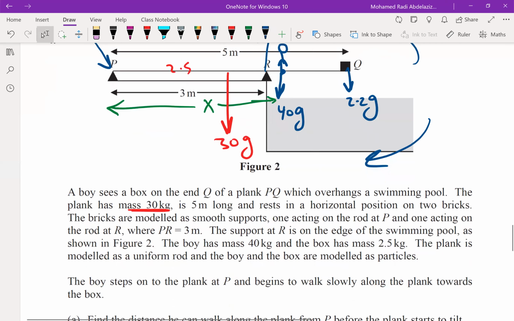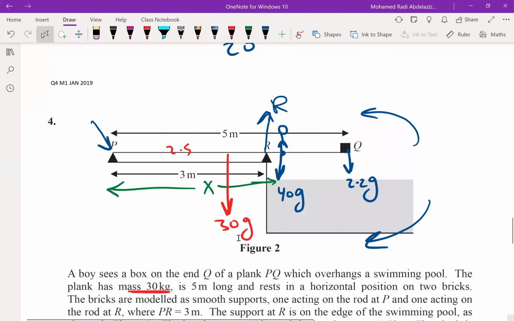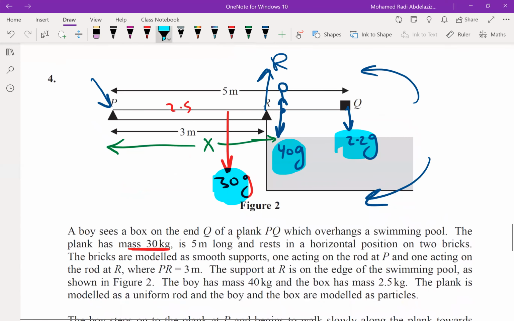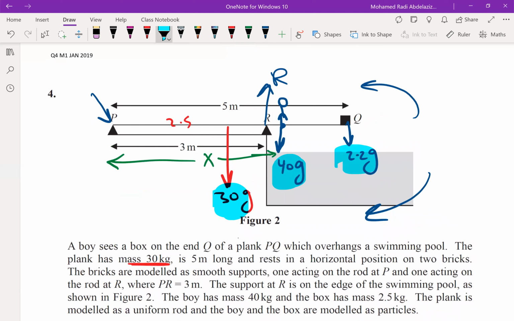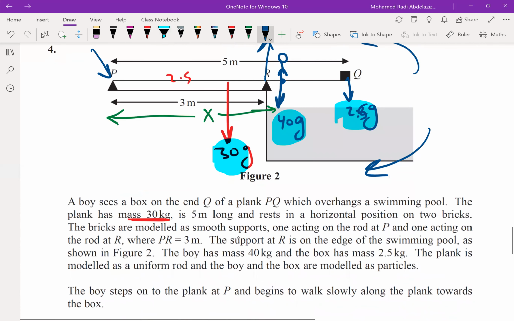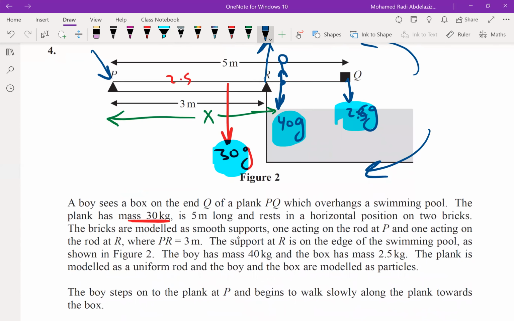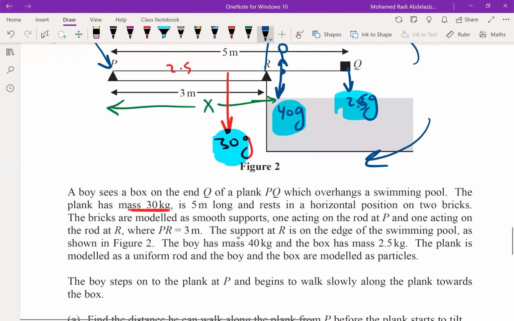You can find the normal reaction at R by adding 30, 40, 2.5, which will be 72.5 G. If we try now to get moment around P, we have 3 clockwise and only 1 anti-clockwise.